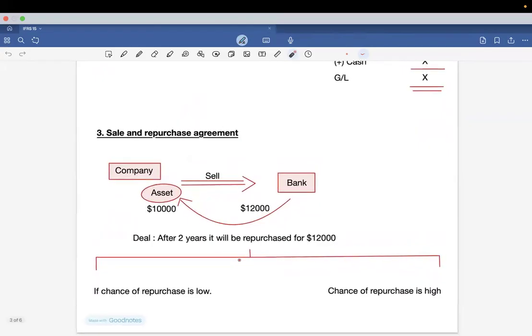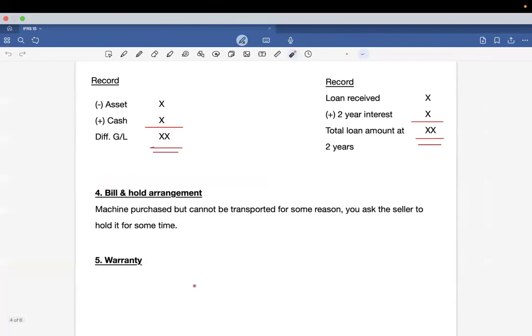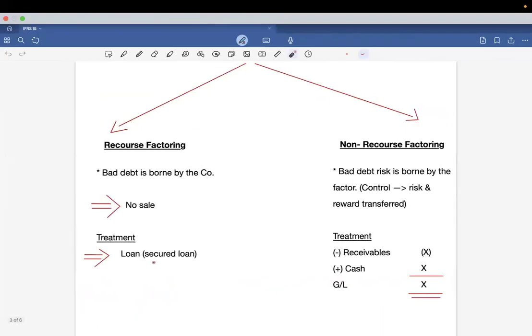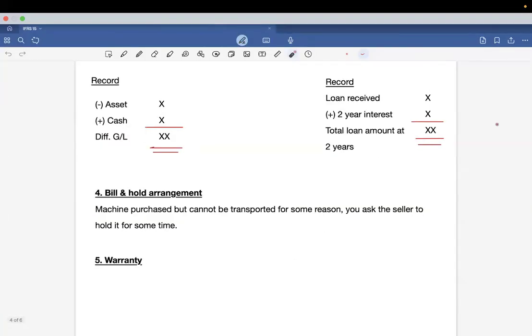After 2 years, suppose the deal is that there is a high chance you're going to repurchase this particular asset back from the bank. In that case, we record whatever is received as a loan received, and the extra 2,000 that you receive from the bank would be interest.